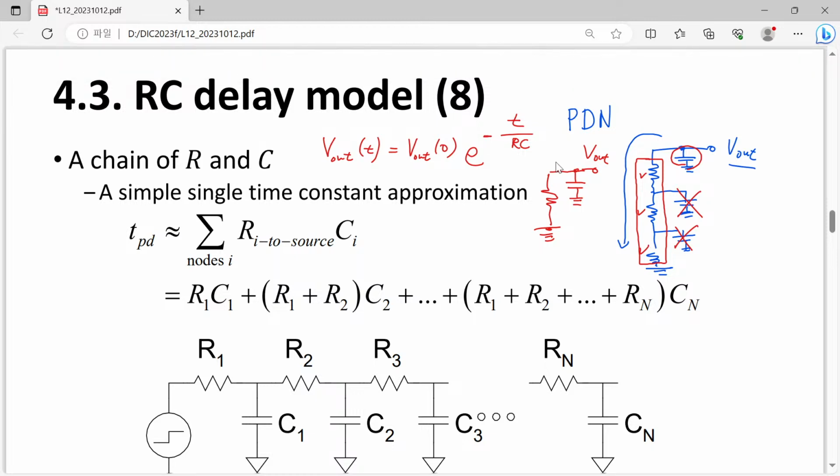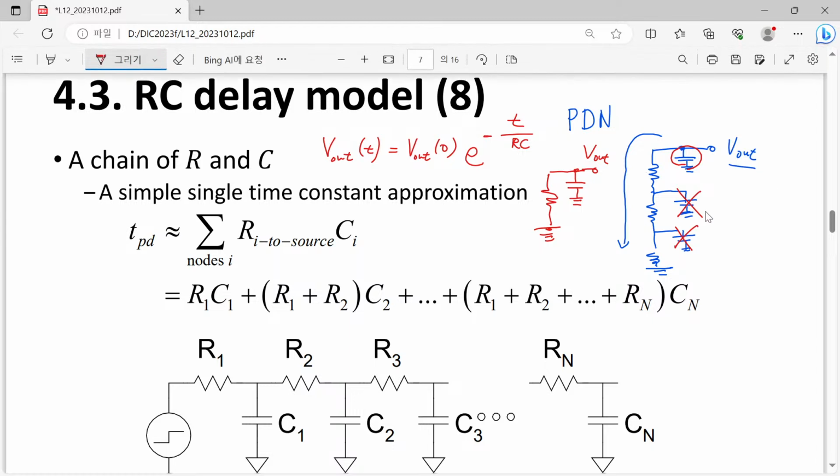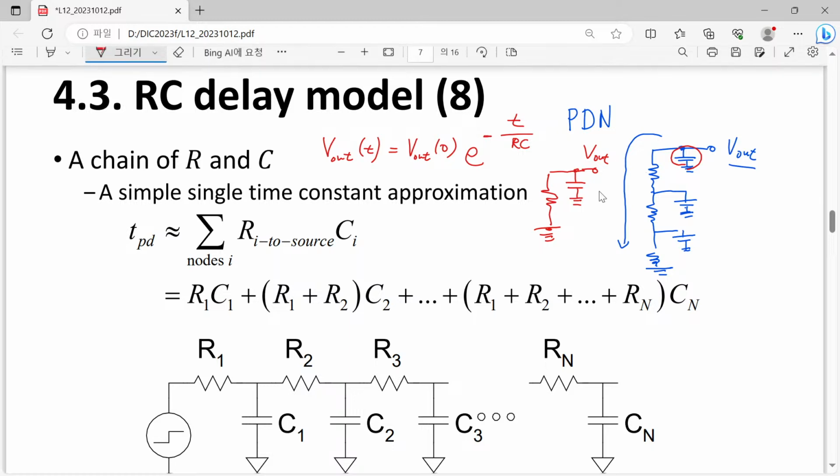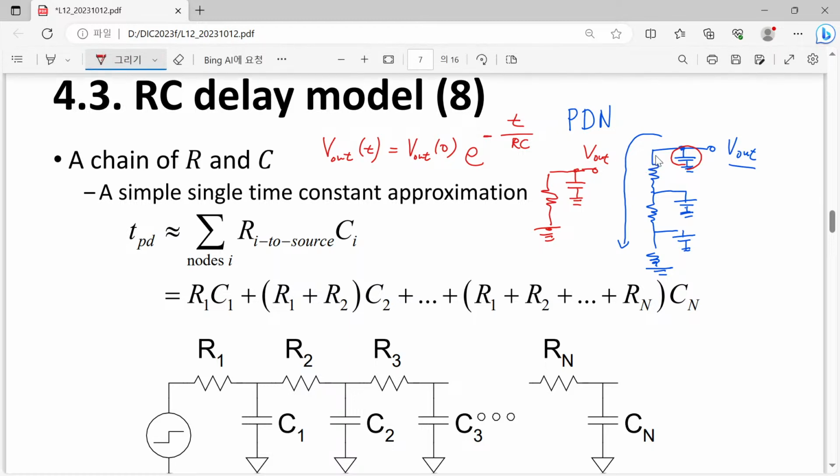However, as we discussed in our previous lecture, if we recover this intermediate node, this one, that one, and that one, then we can no longer make a simple summation.